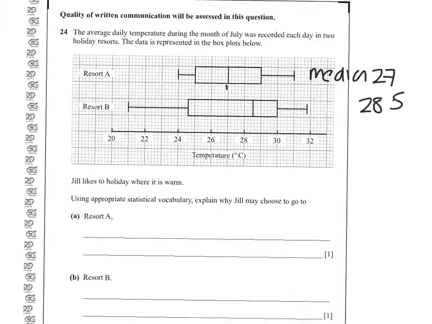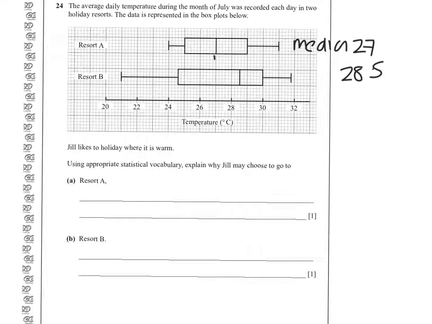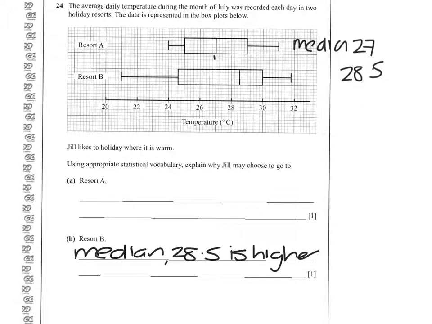So I'm going to use the median. She likes to go somewhere warm, so I'm going to use resort B, the median, and always give the values. 28.5 is higher at B than A, which had a median of 27.